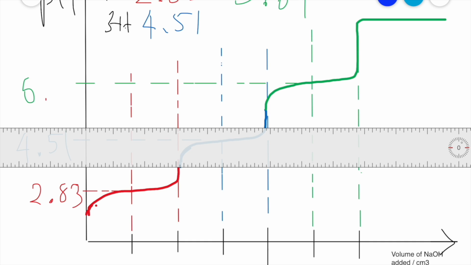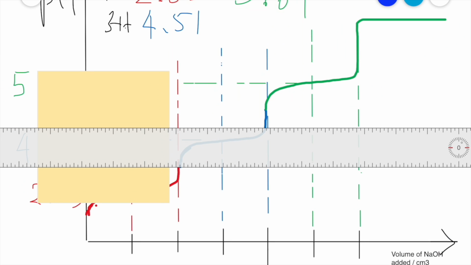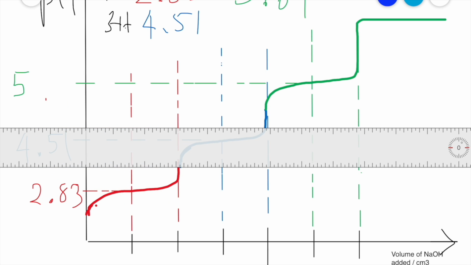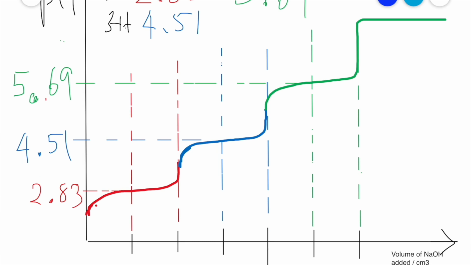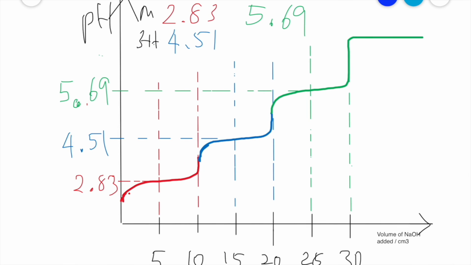What ugly numbers I am writing. 5.69. And there we have it. There is the graph of your mixture of different weak acids.